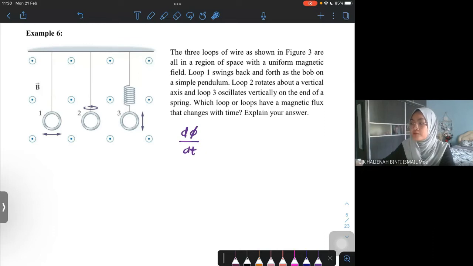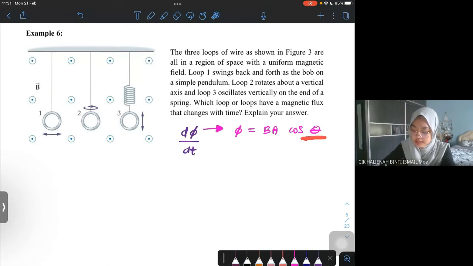Okay, the only way for us to see this one, macam yang Miss cakap tadi, in order for the magnetic flux to change, there must be a change. Okay, in first subtopic, we know that magnetic flux is BA cos theta.